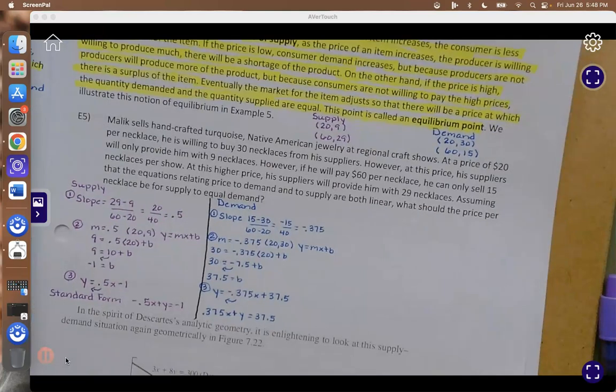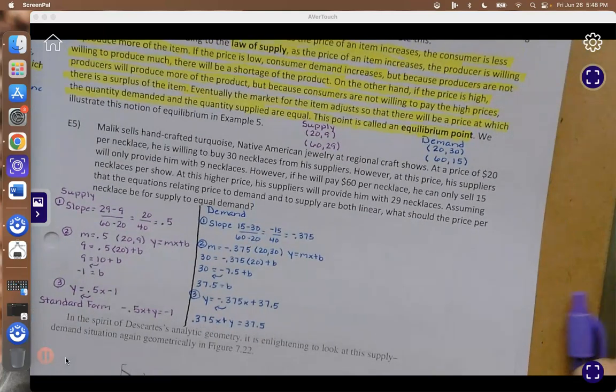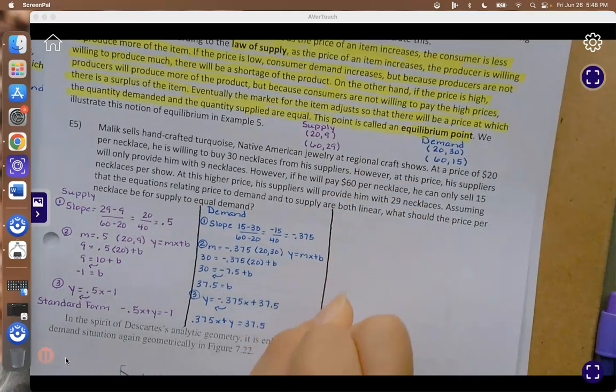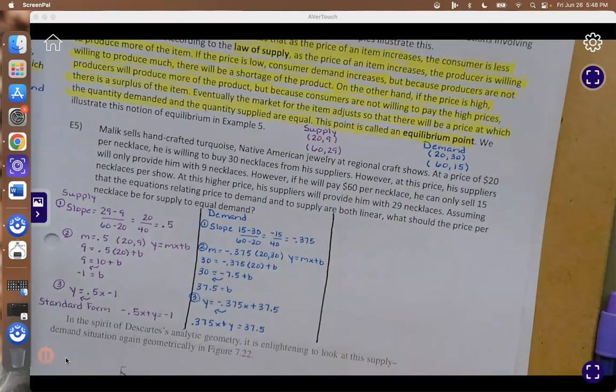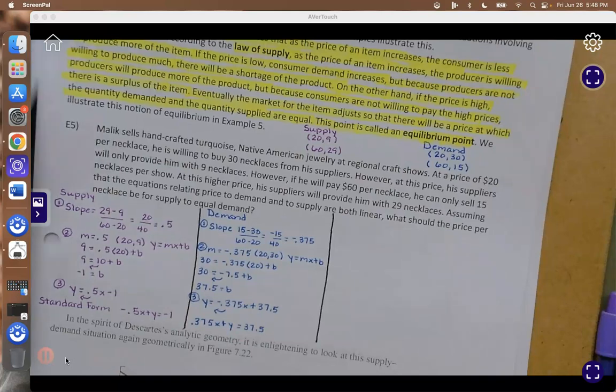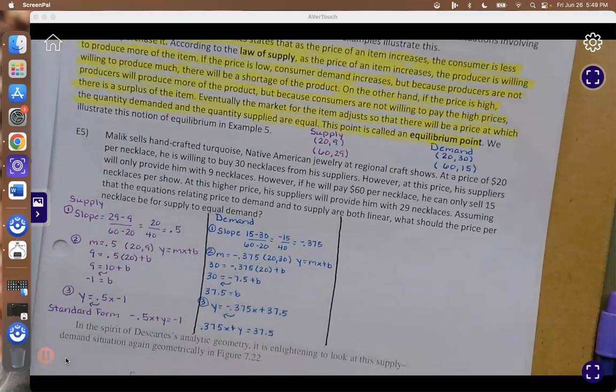All right. So now we're going to write our two equations down. Let's see.